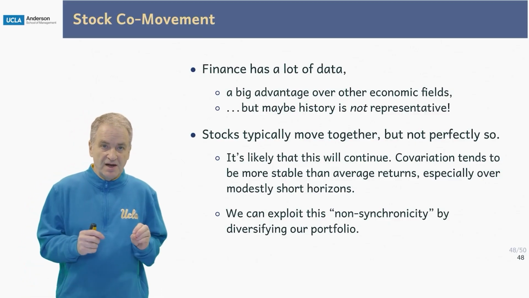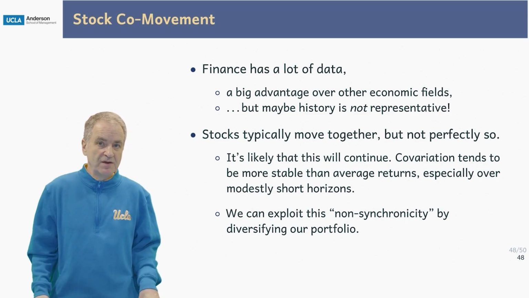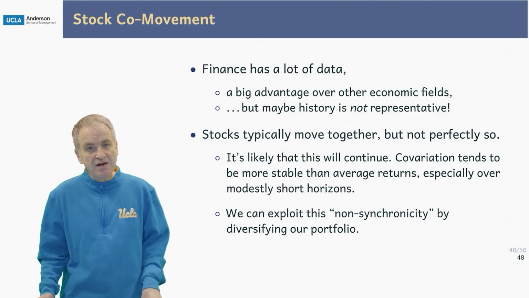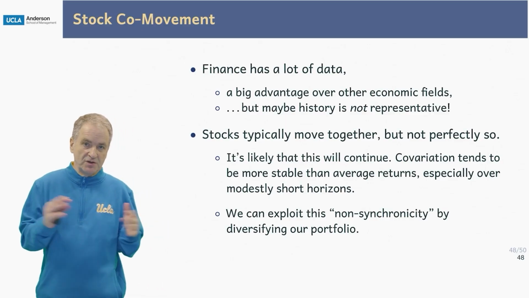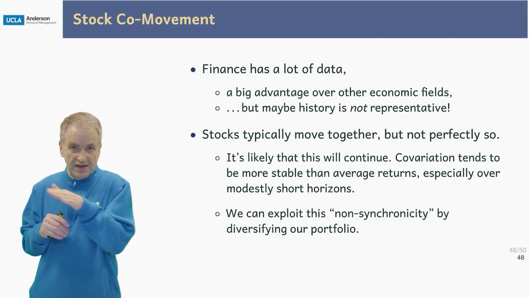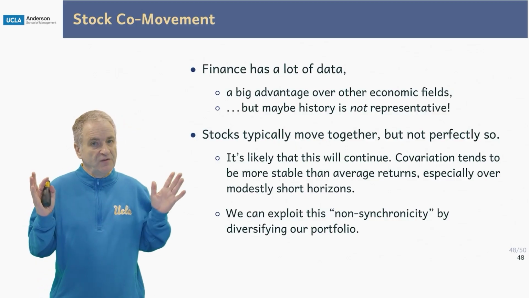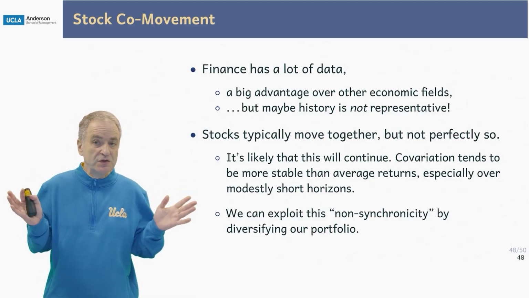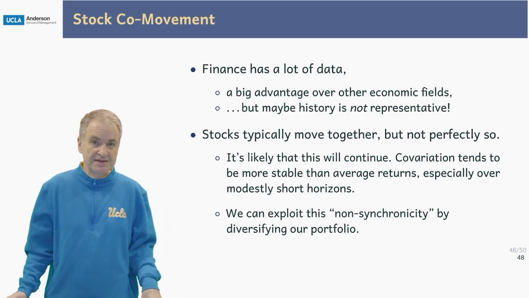When I look at stocks or funds or different kinds of stocks, they typically move together, but not perfectly so. It's very, very likely that this will continue. So things like covariation, correlations, betas, which is really the slope of this blue line, those tend to be incredibly stable over long horizons, even over 5 to 10 years, certainly over the next year or two, which is all that we are really interested in investing.